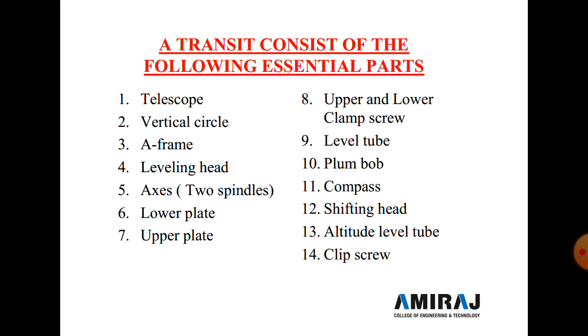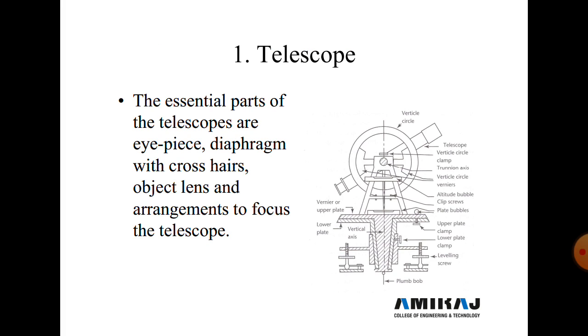So we start with the first part, the telescope. See this figure. In this figure you can see this portion is the telescope. The essential parts of the telescope are the eyepiece, the diaphragm with crosshair, and the object lens arranged to focus the telescope.